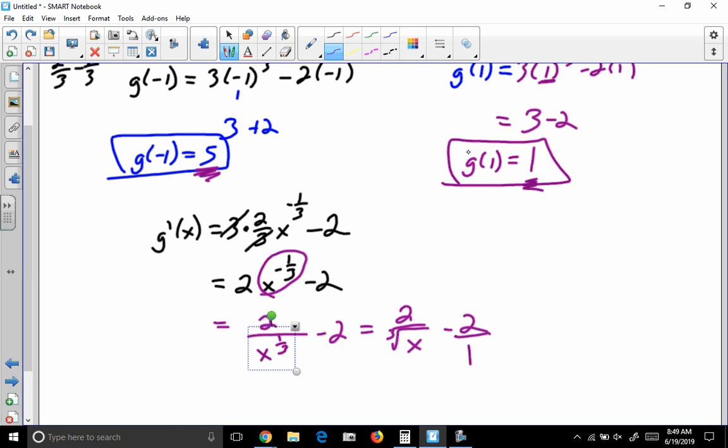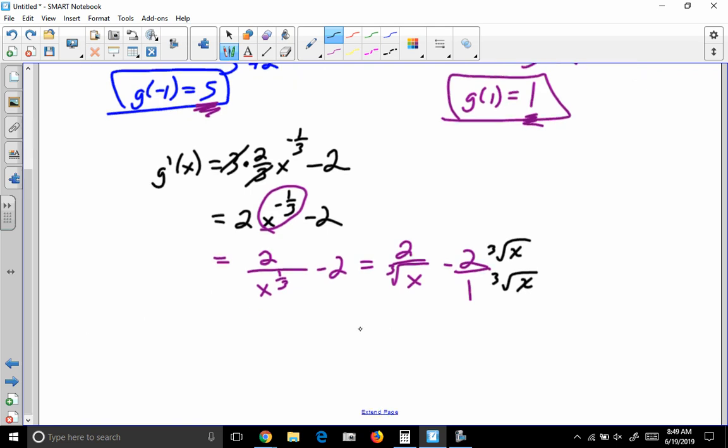So let's get a common denominator by multiplying top and bottom of the second term by the cube root of x. This is the cube root of x to the first. So we have both fractions with a cube root of x on bottom. So on top we have 2 minus 2 cube roots of x. So that's our first derivative.